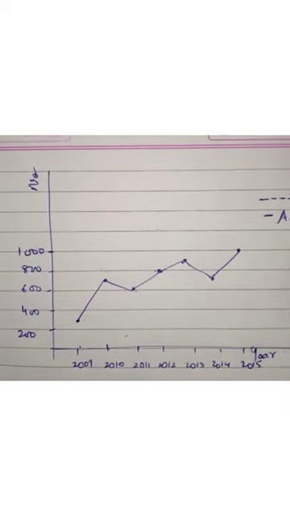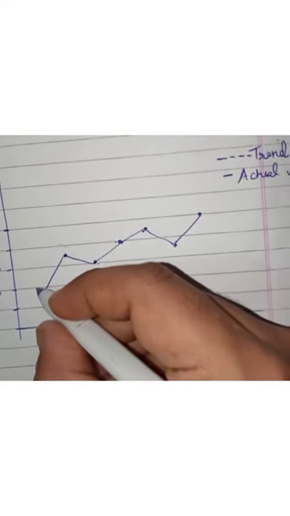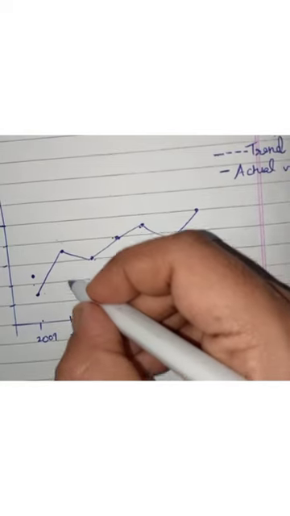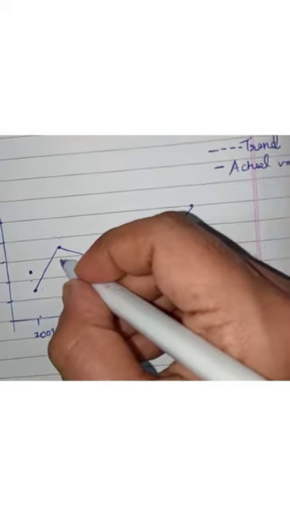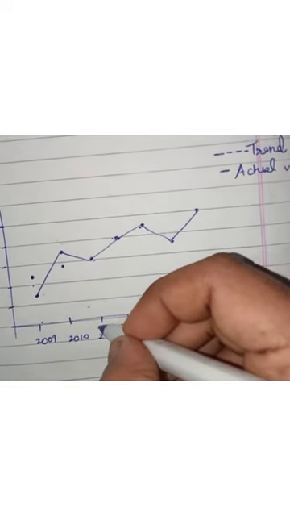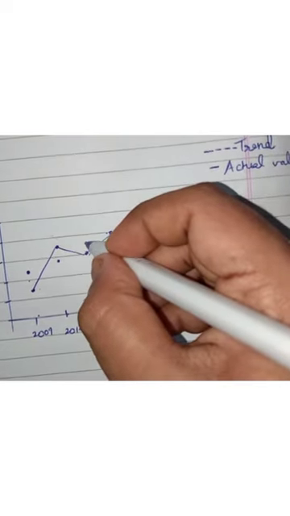The first value, for 2009, was 457, which falls between 400 and 600. For 2010, 543, between 400 and 600, very close to 600. Then for 2011 we have 629, between 600 and 800.